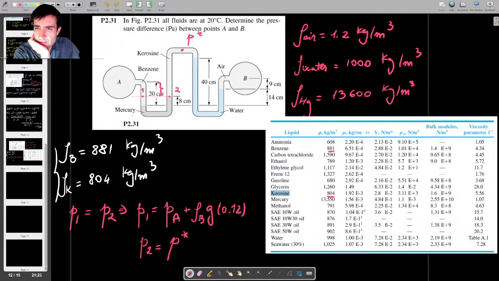do we know how much that is? That's the question. We know the water on the right is 40 centimeters, but I don't know how much that height is. But what I can do is I can label that as well.